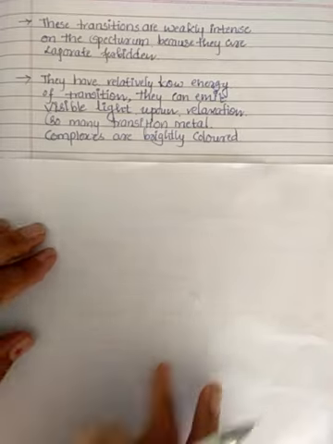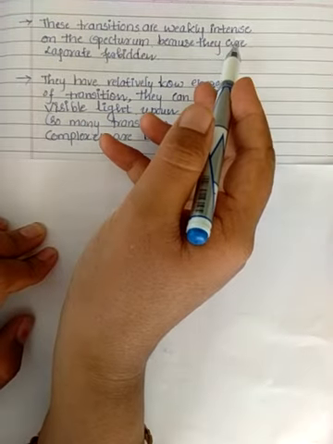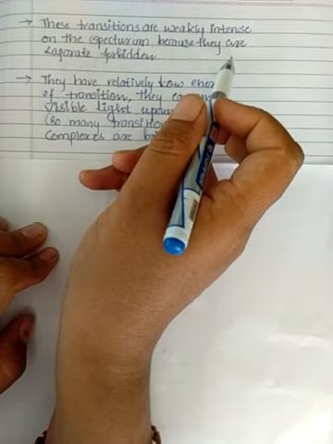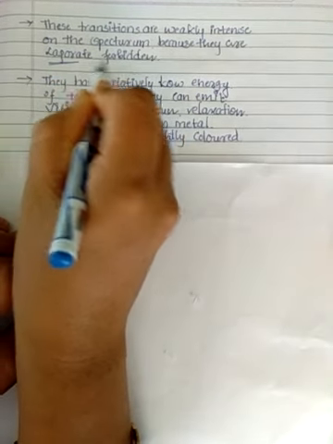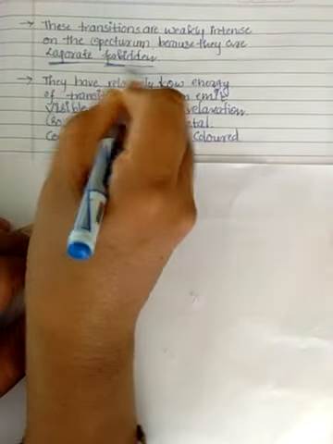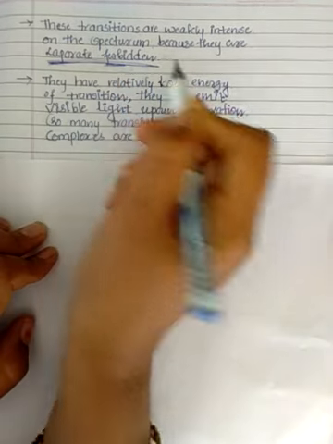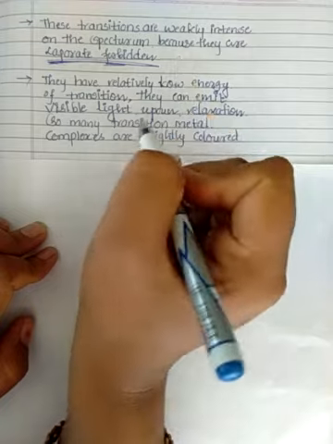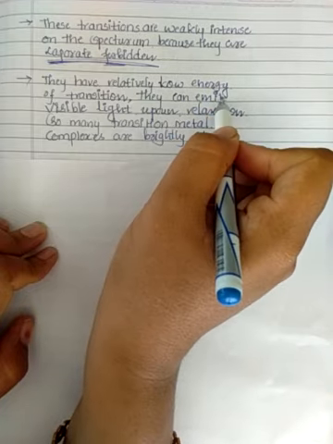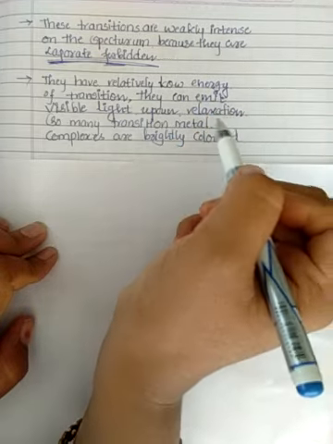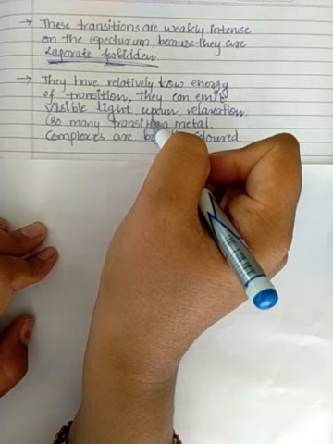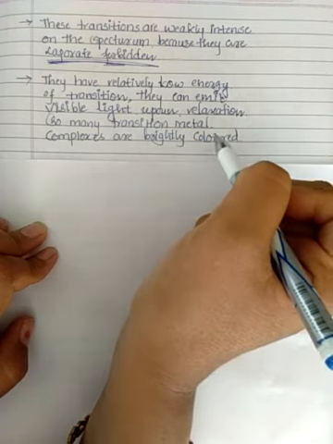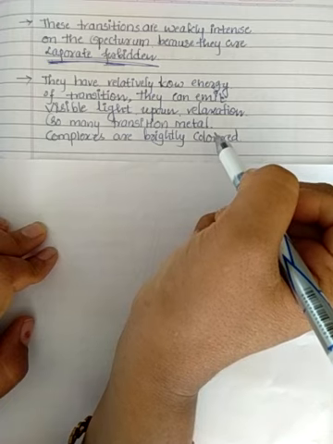Now the next term: these transitions are weakly intense on the spectrum because they are Laporte forbidden. You will get this meaning in another topic; what Laporte forbidden means. Next, they have relatively low energy of transition. They can emit visible light upon relaxation, so many transition metal complexes are brightly colored. Why are they brightly colored?